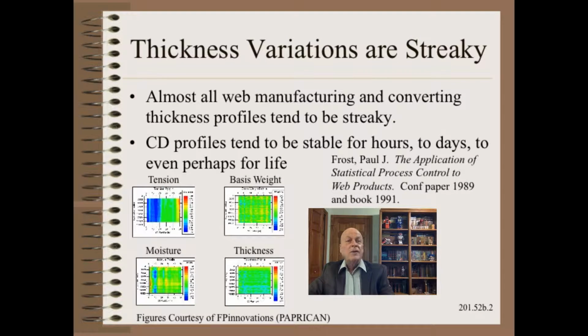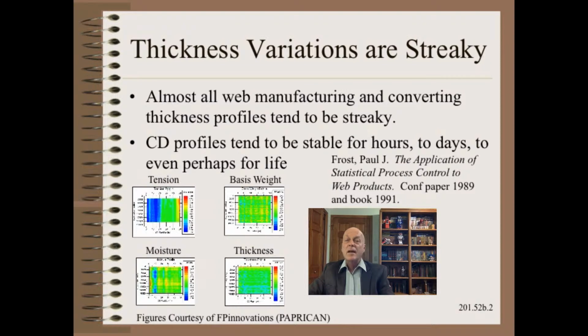No web is perfectly level with regard to thickness profile. While caliper variations in the real world are complex and depend greatly on the process, most have one important characteristic. That is, manufacturing and converting both tend to be quite streaky. By this, I mean that the CD variation tends to be quite stable with time.